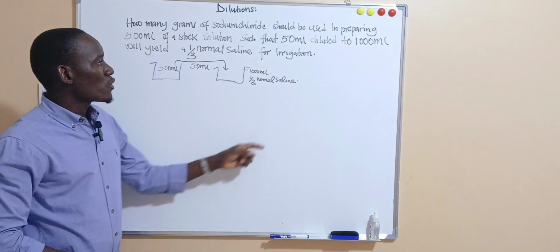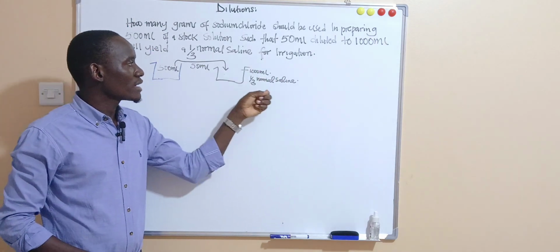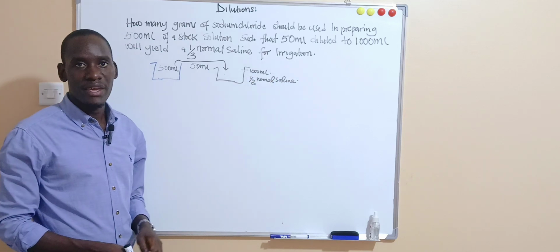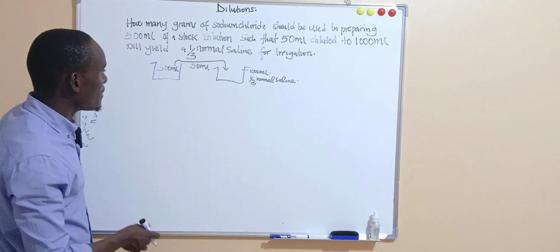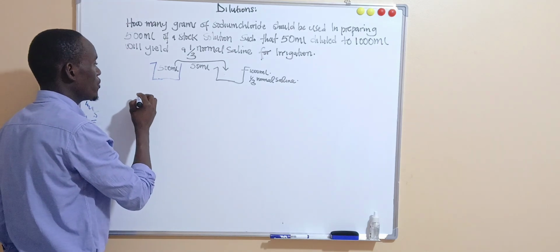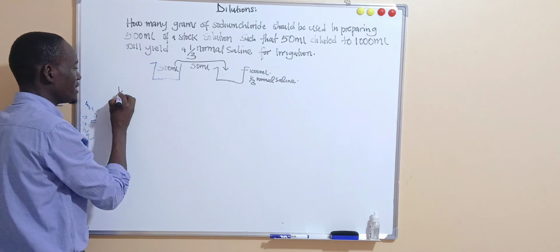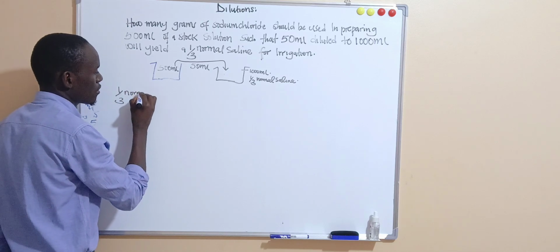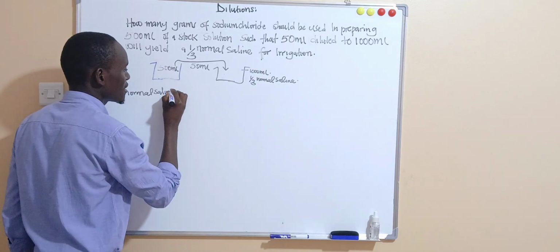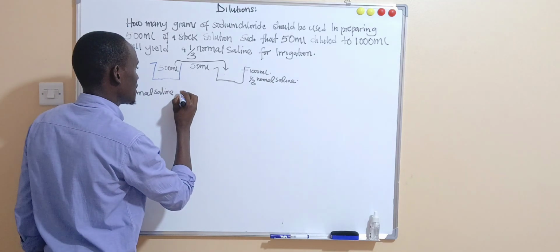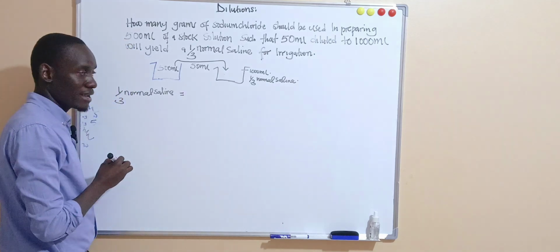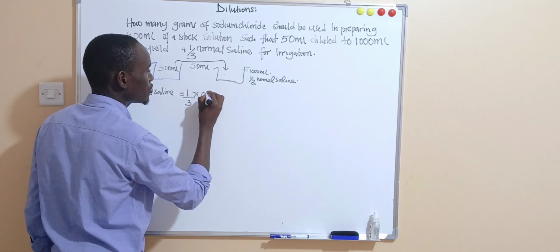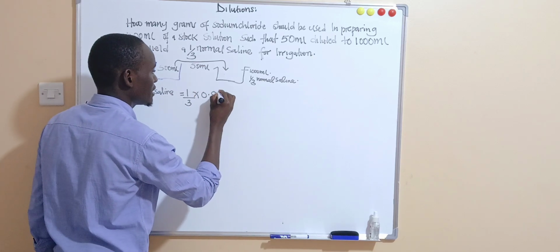So that means we need to begin by calculating the concentration of normal saline in our diluted solution, whereby we know that a third normal saline is the same as saying 1 divided by 3 times 0.9%.